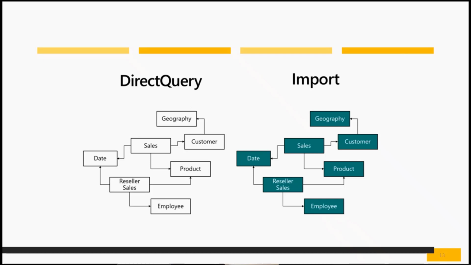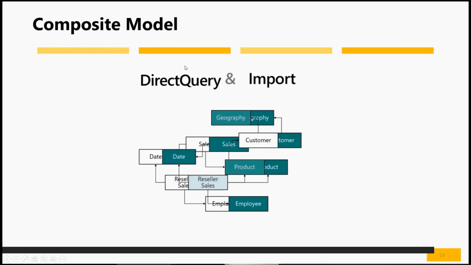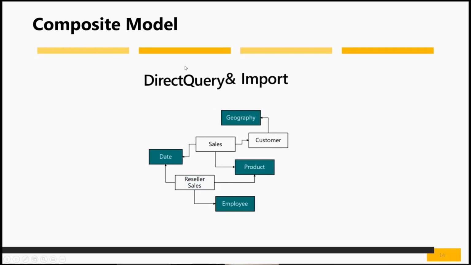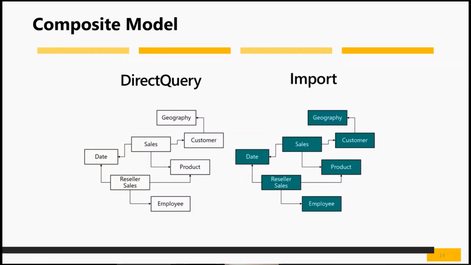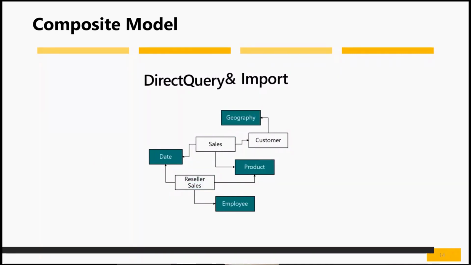For a Power BI report, we can get data either used in direct query or import. With this composite concept, we can combine these data sets, and it's actually a combination of direct query and the import query.